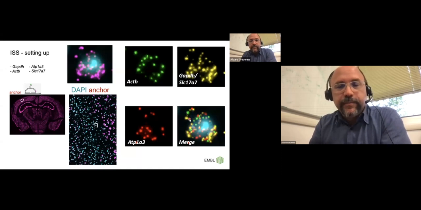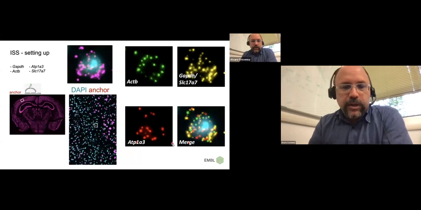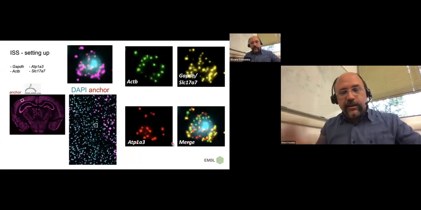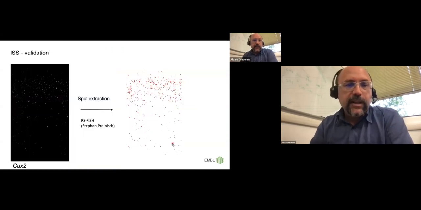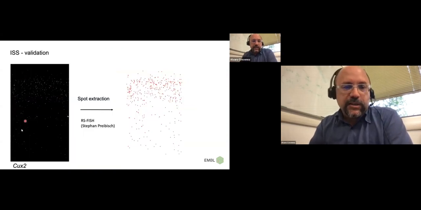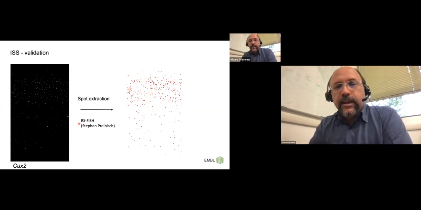We were very happy, and we then started to do more tests and to see how well this experiment would compare to what is known and published around. So what we did, essentially, we take these images. In this case, it's COX-2. We extracted the spots. We were using RS-FISH to extract the spots.